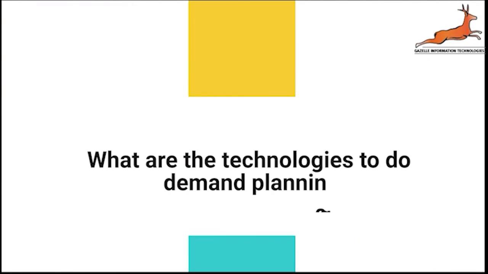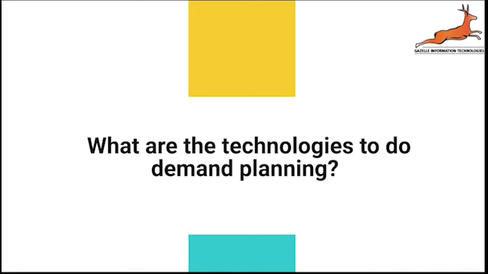So we should be able to take all these unstructured attributes as an input, and we should be able to use different algorithms to derive some meaningful output out of it. So I perceive movement of demand planning into this zone, and we need to have the technology available to be able to do that. So what is that technology that is required?